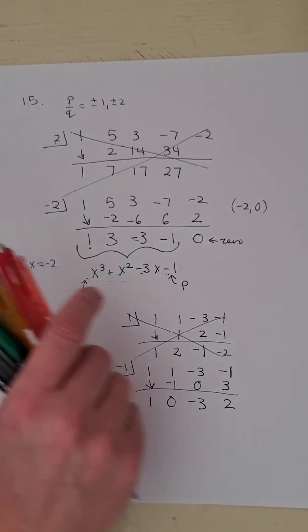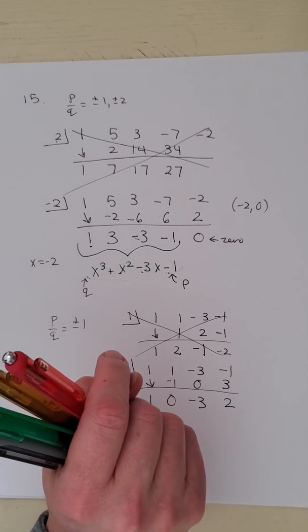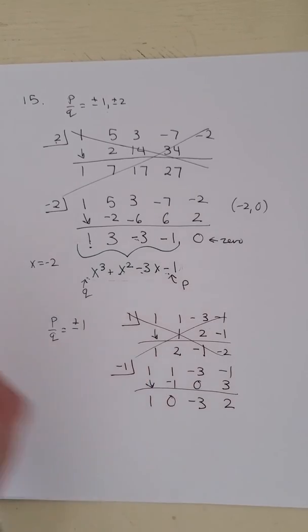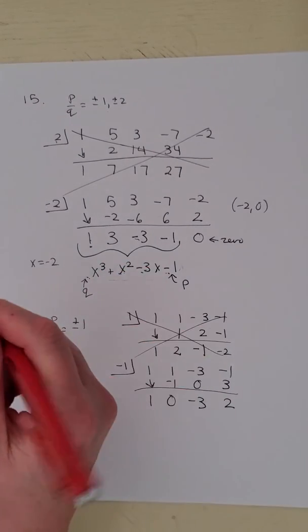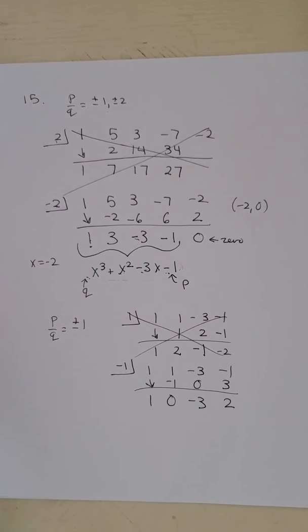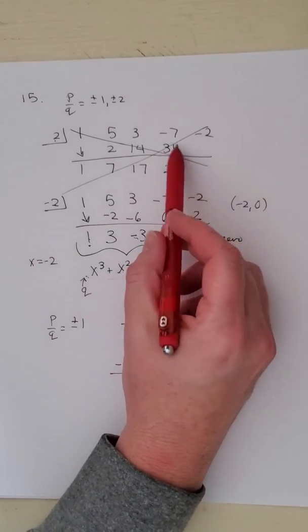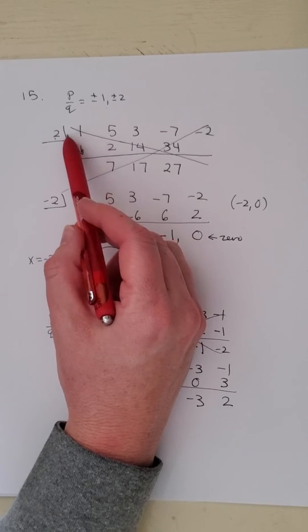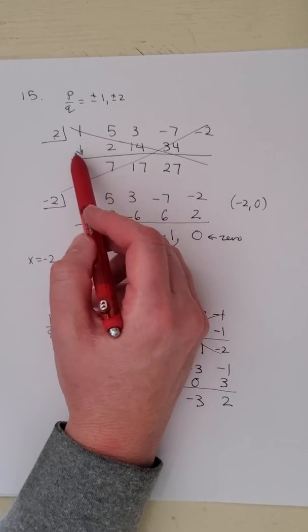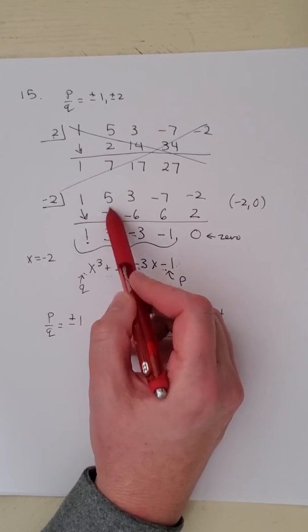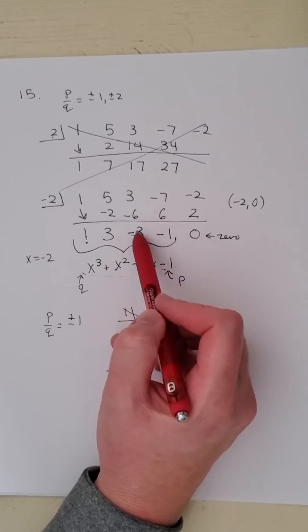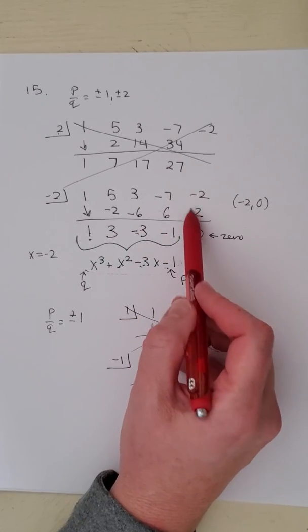I think I made an error in the beginning. So when I tried negative 2, this gave me 3, negative 3, negative 1, 0.